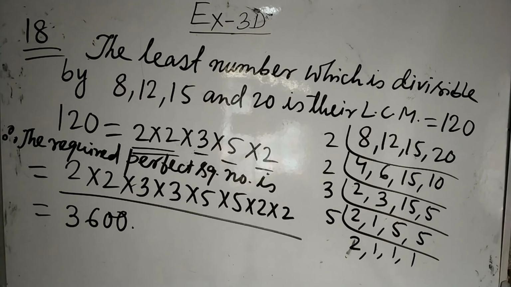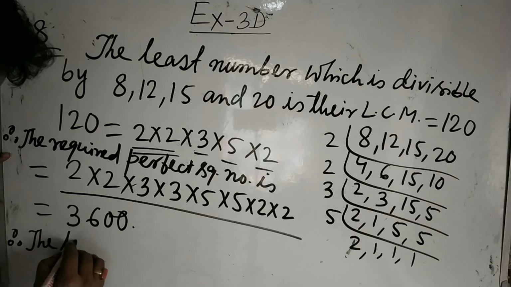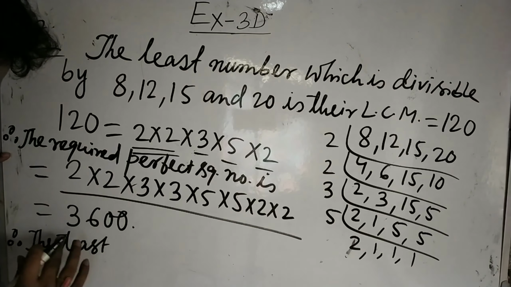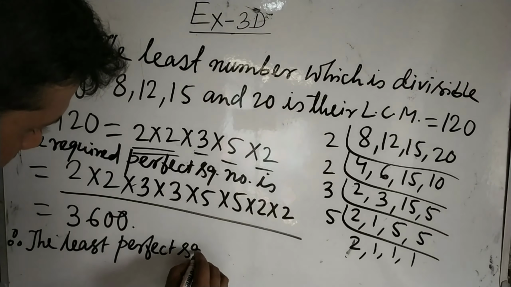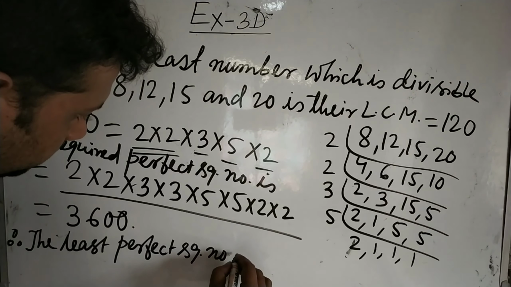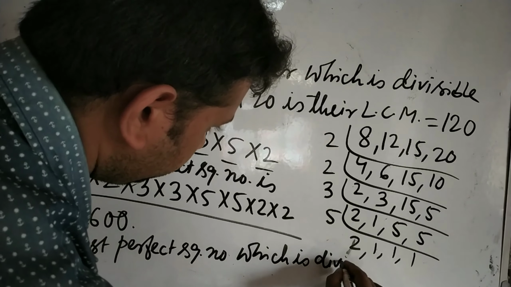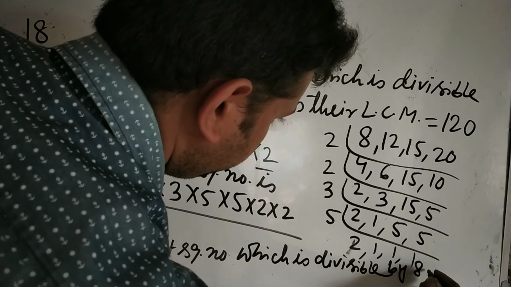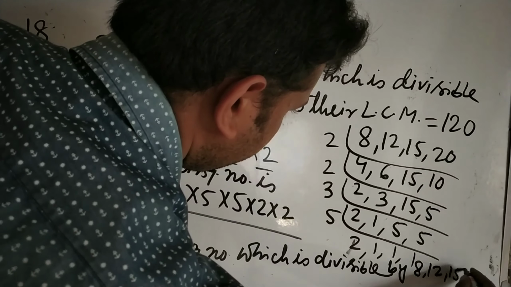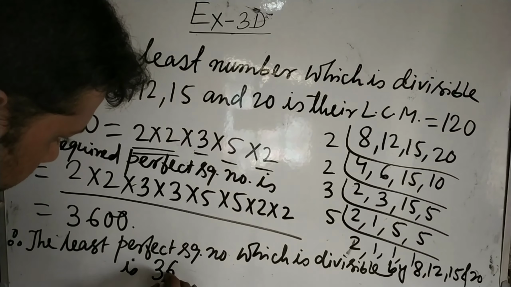Okay, so what will be your final answer? Therefore, the least perfect square number which is divisible by 8, 12, 15 and 20 is 3600.